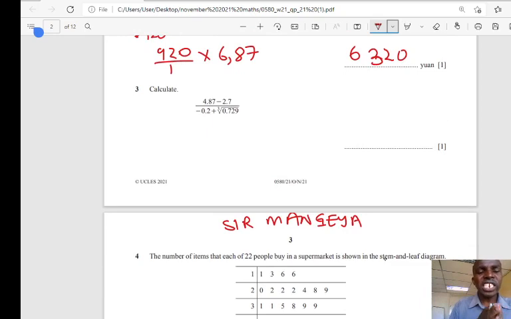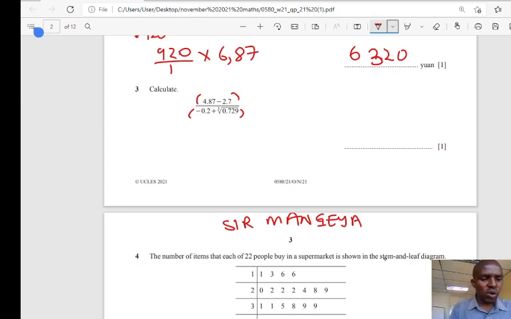Next, calculate this value. I just need to punch it in your calculator. If you are punching in your calculator, you can put this one inside the brackets and this one inside the brackets. Then it will be proper. So you open bracket first. You say 4.87 minus 2.7, put inside the brackets, divided by negative 0.2 plus the cube root.